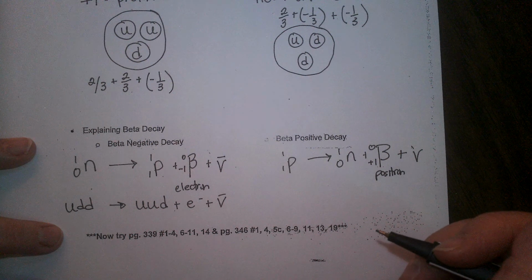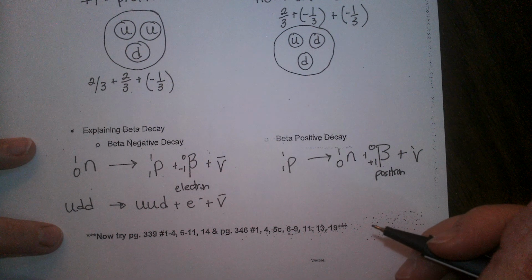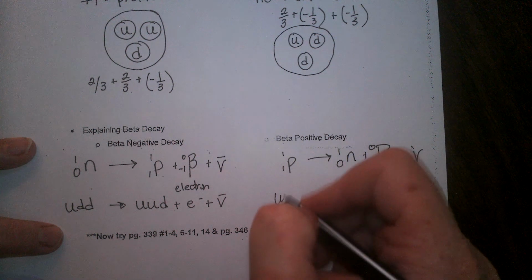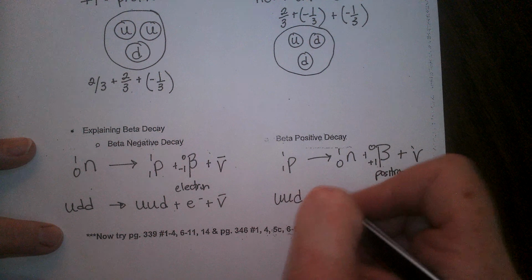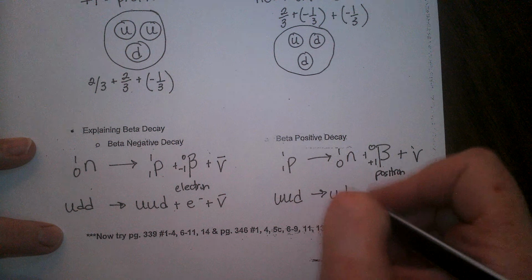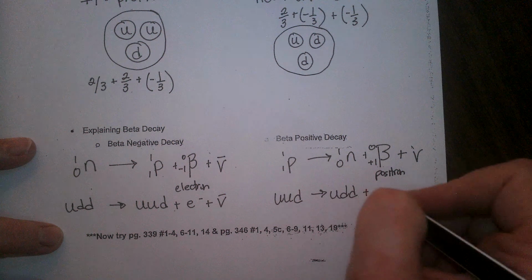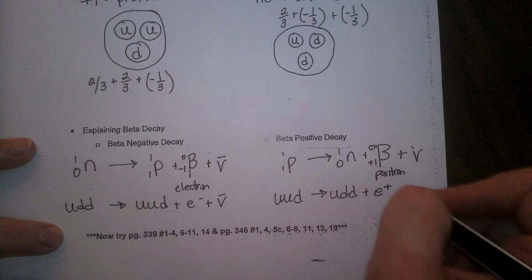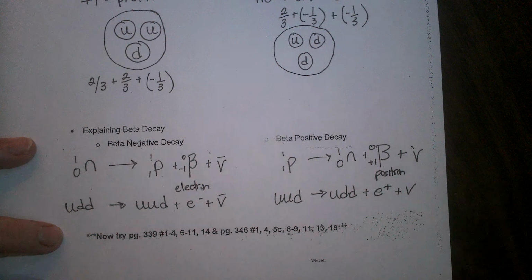What does a proton look like? Up, up, down is going to give me up, down, down, plus a positron, plus a neutrino.